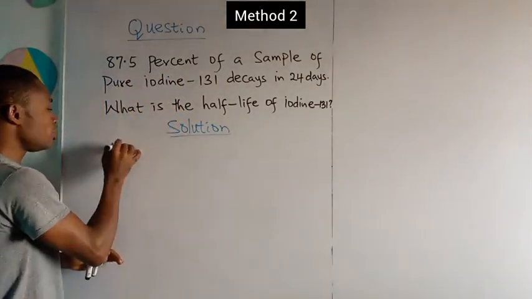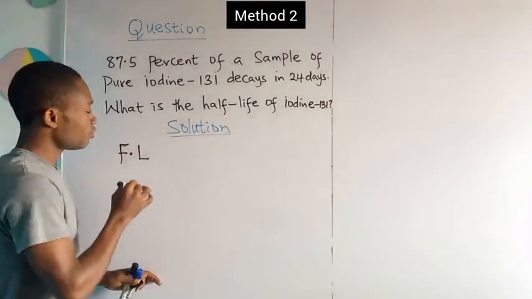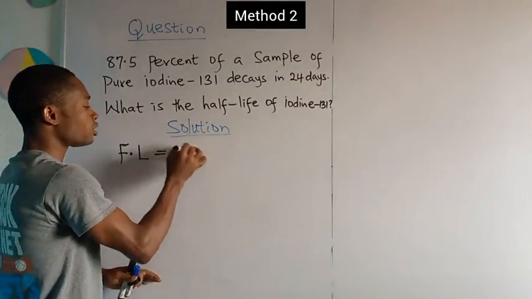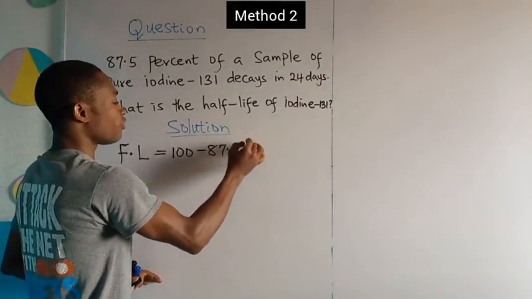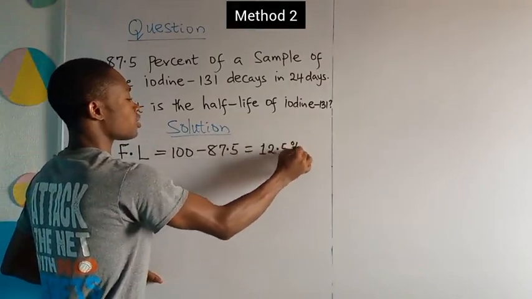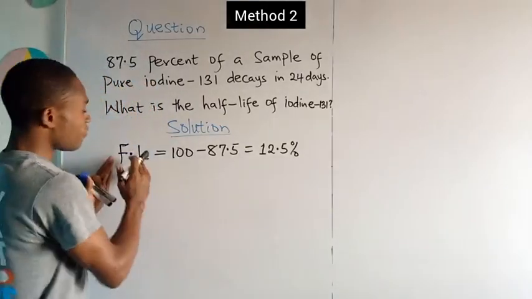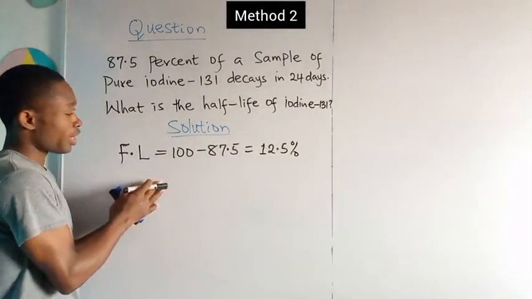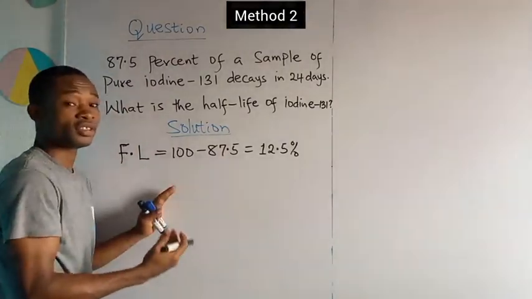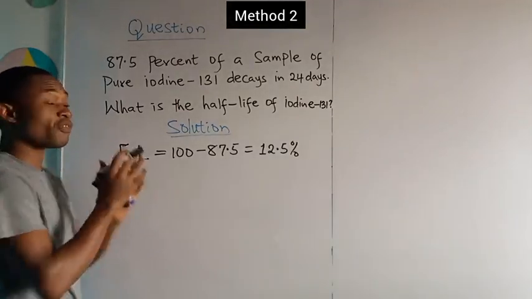Therefore, permit me to use FL for fraction left. From here, it's going to be 100 minus 87.5, which will give us 12.5%. I've explained why this is so. Now that I know my fraction left, that's the percentage fraction left, what I am going to do now is to use the formula for fraction left.